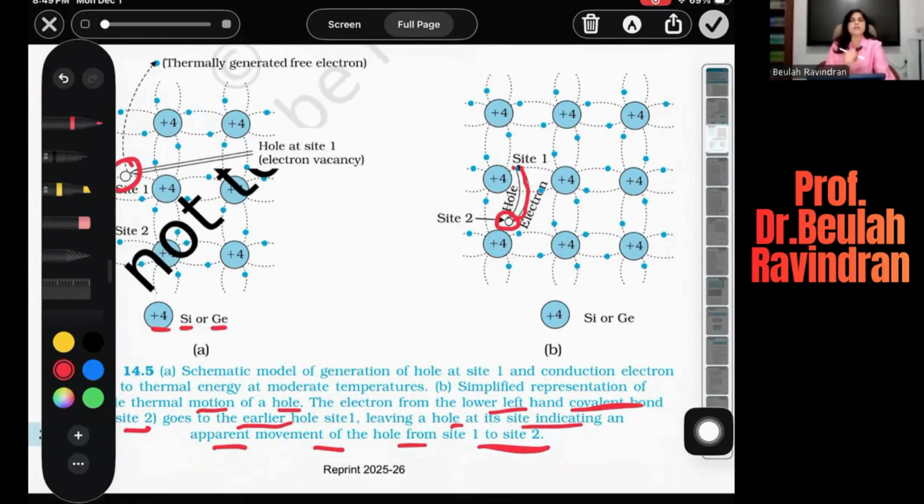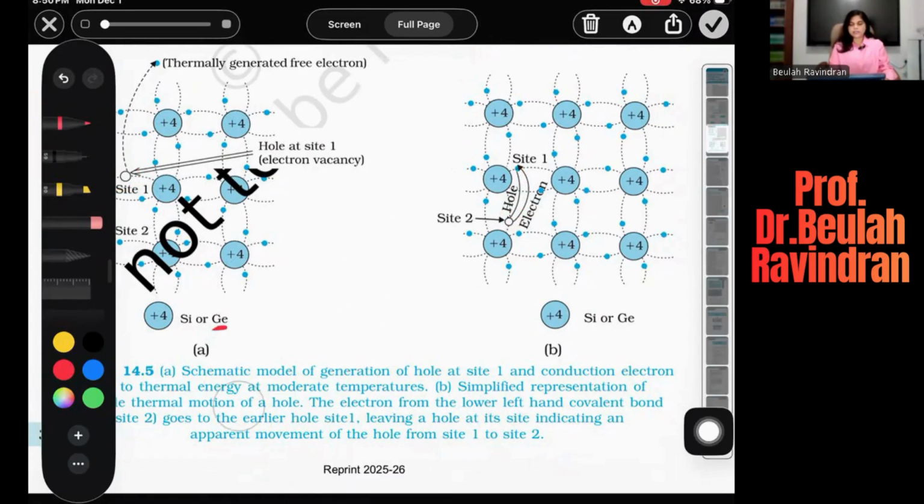This is the pattern which clearly shows how the electrons are bonded in a semiconductor. Suppose it is a germanium atom, how it is bonded with the nearby atom. If it is a silicon atom, how it is bonded with the nearby atom. I will explain clearly like this also.